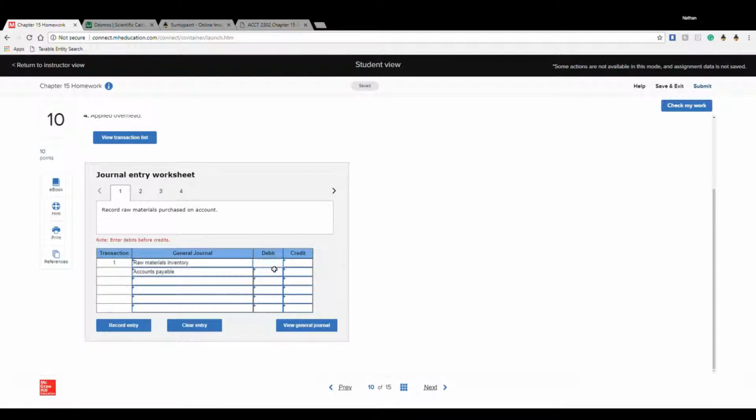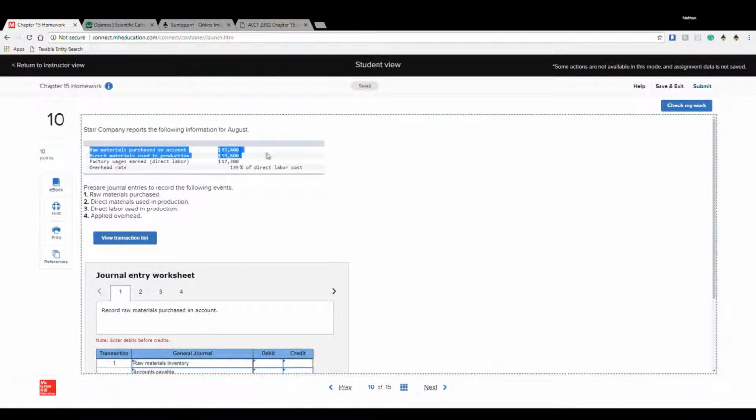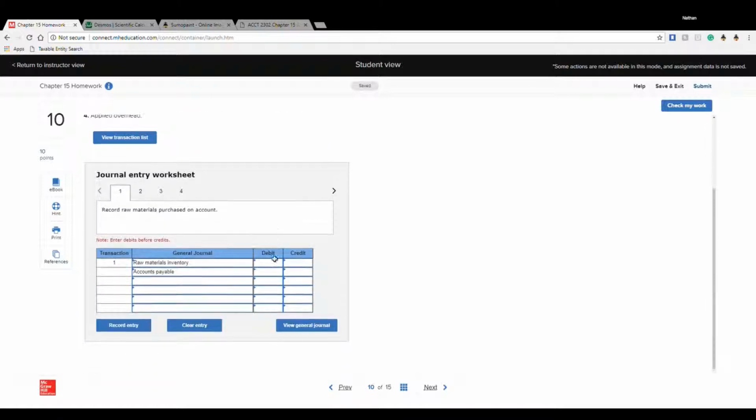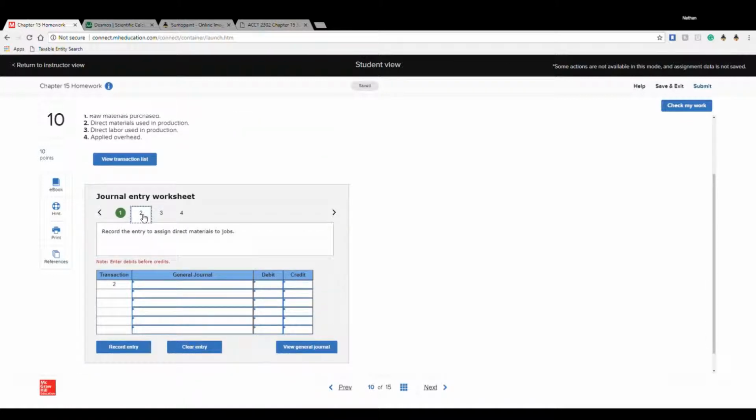We later owe these people the money for the raw materials. So we're going to look at our chart. Our raw materials was 83,400. Boom. There we go.